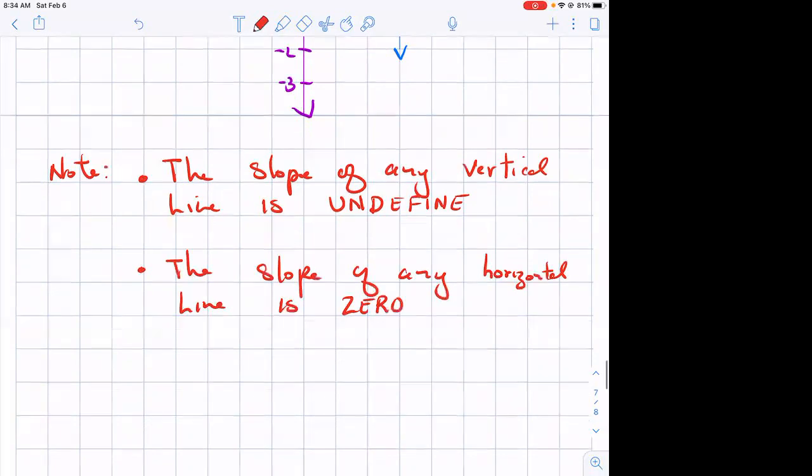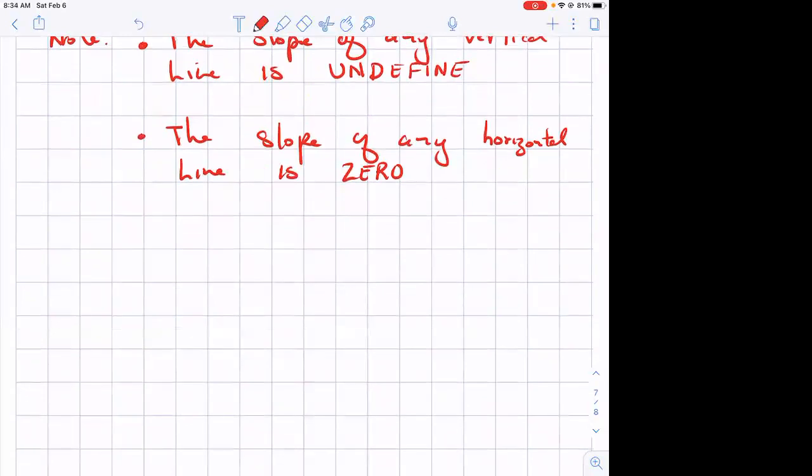Okay? There is no steepness. We cannot measure the rise over the run. So let's look at that.